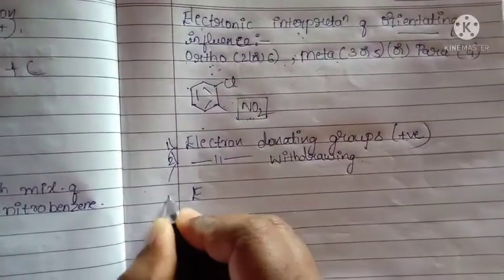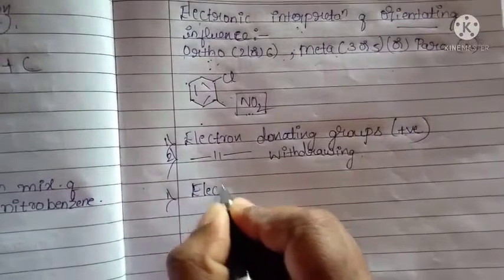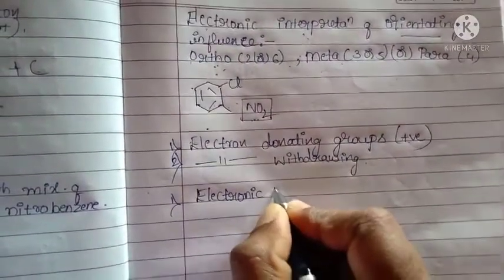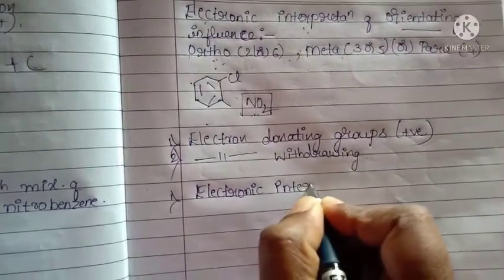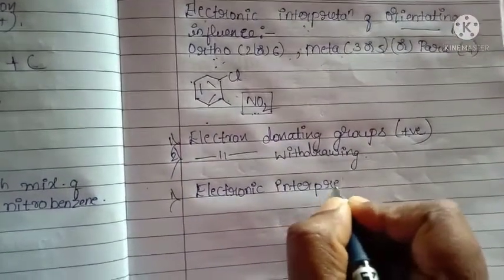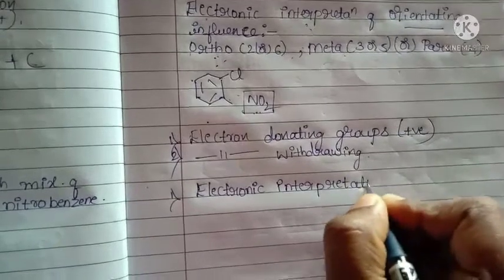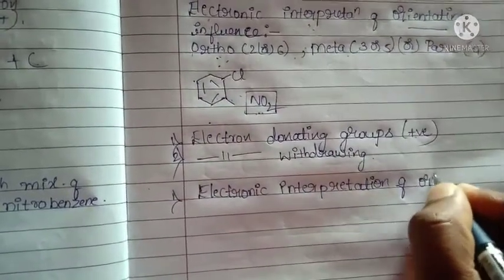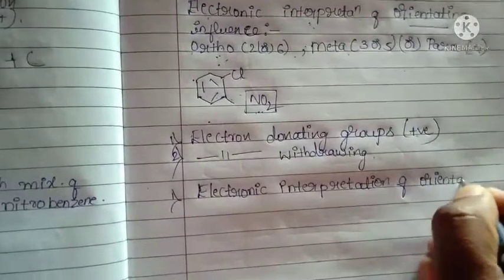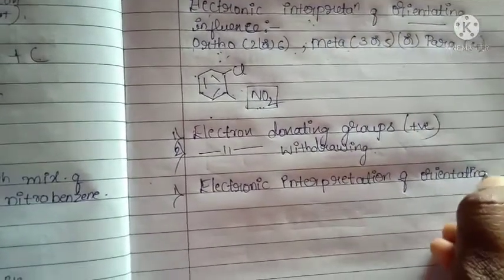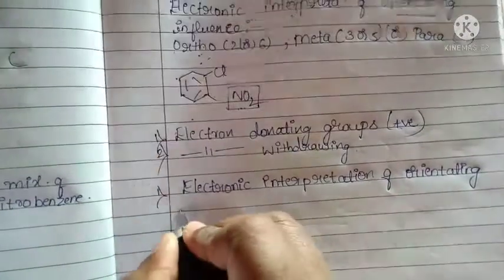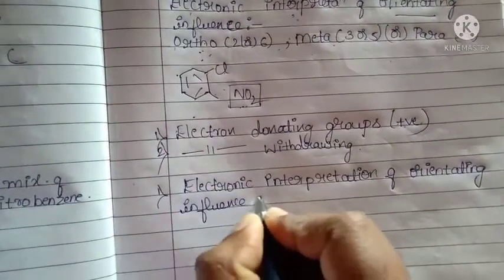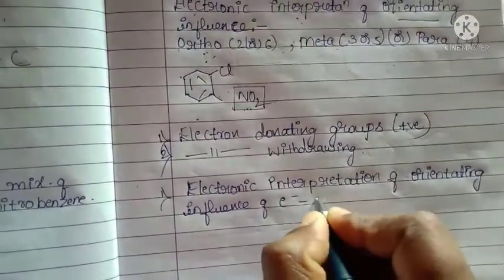electronic interpretation of orienting influence of electron donating group.